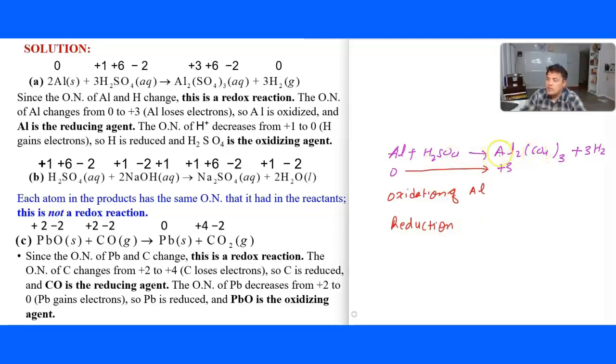Sulfur is the same, 6 here, 6 here, but hydrogen is reduced. So that's why aluminum is a reducing agent. It reduces hydrogen, which is the oxidizing agent.